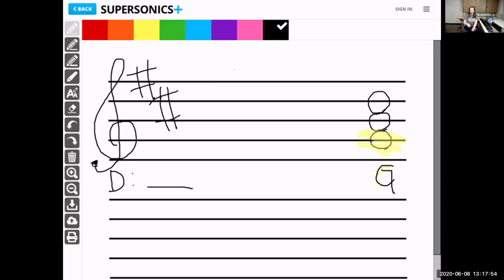And I know my scales and my chords very well, so I would automatically go, oh yeah, that's the 4 chord in root position. And I would put the Roman numeral 4 on the line and be able to answer that question correctly. But what if I don't know my scales and chords very well?